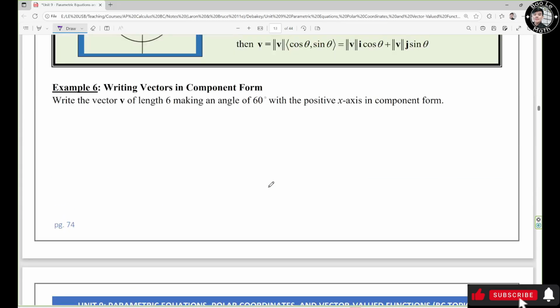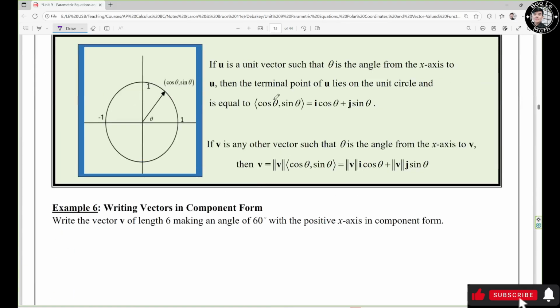Now, what is the resultant force? So, go back to example number 6 right here. We have the formula right here.